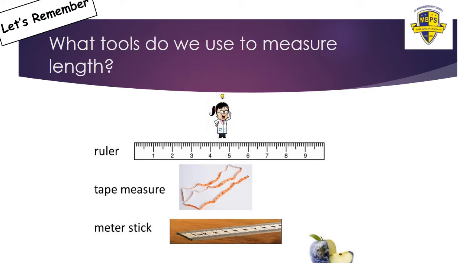What tools do we use to measure length? The first tool, all of you have it. It's a ruler. Excellent. So all of you look at your ruler and tell me the unit you can see there. It's cm. Good, it means centimeter. Excellent. So between 0 and 1, this is only 1 centimeter.